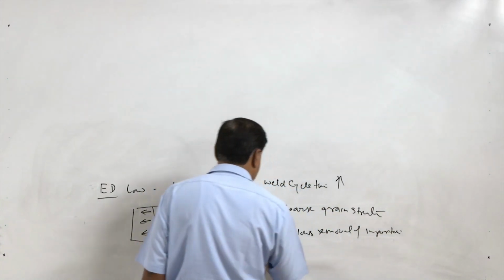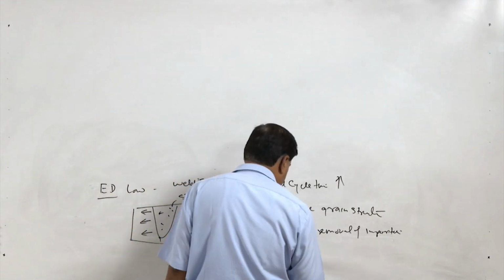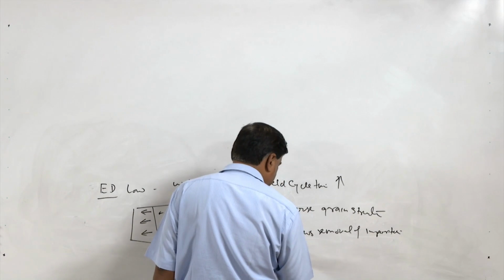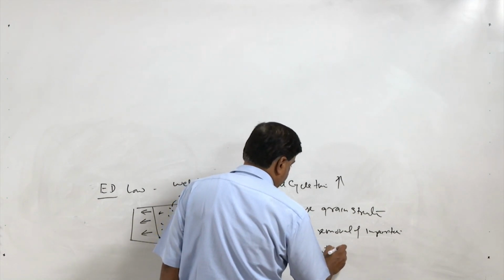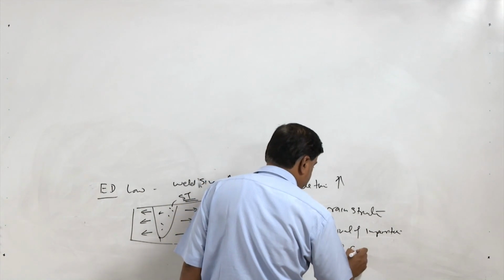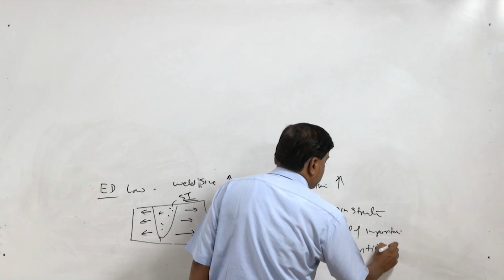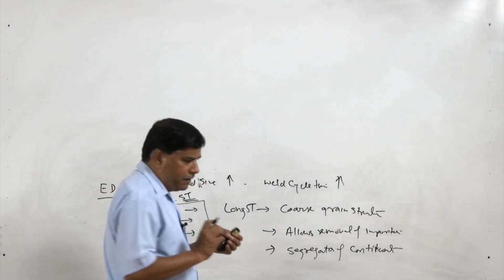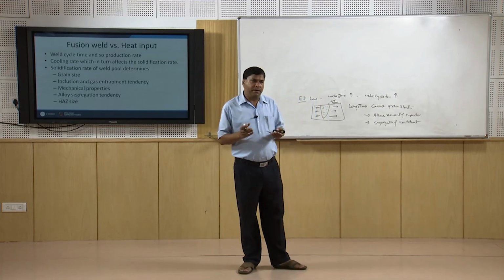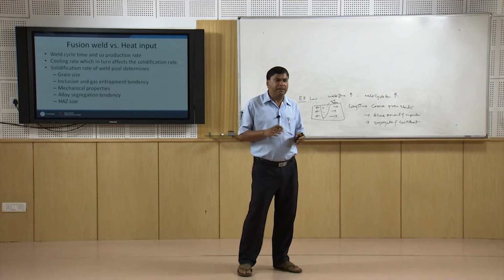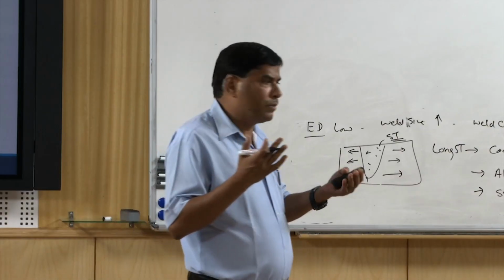At the same time, it will result in the segregation of the constituents. Means if the alloying elements in the molten pool are of different densities, then they will have a lot of time to segregate, either to settle down or to float over the surface.